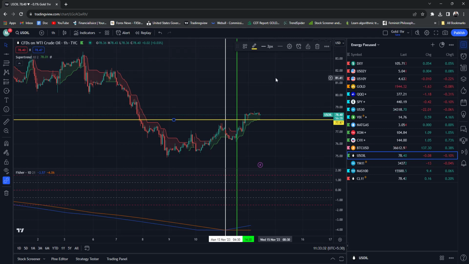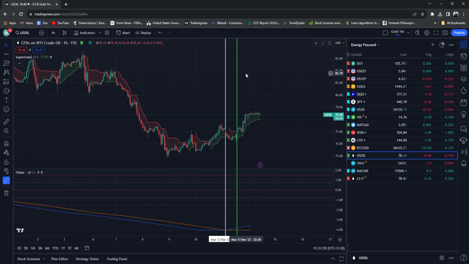If the price is higher, the Supertrend is automatically adjusted to a newer level, and that becomes your exit. So it's like an automated trailing stop loss going on for you, and if there is a trend to follow, it's really good.